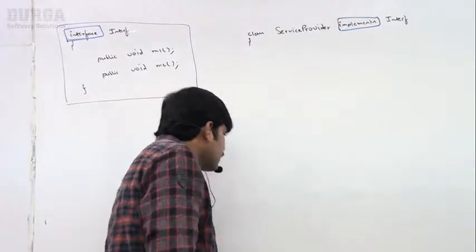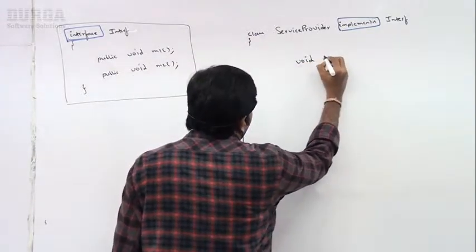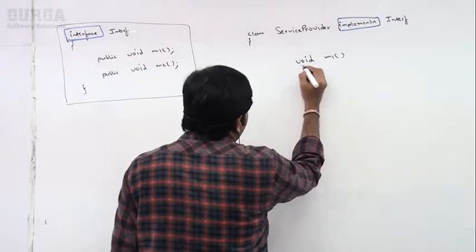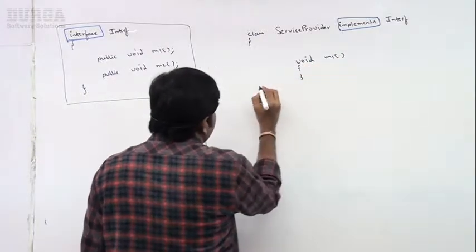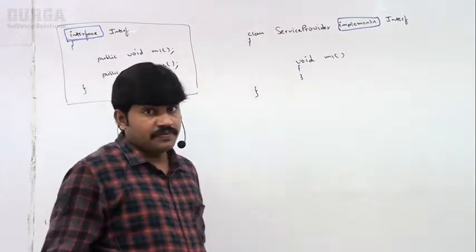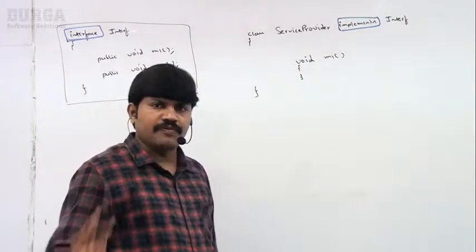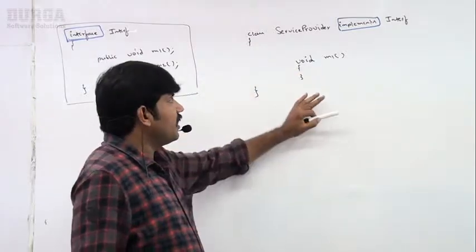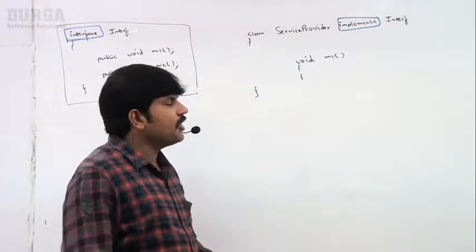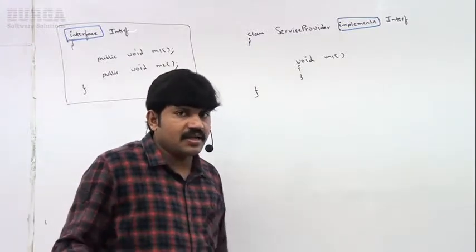Next, I'm taking void M1, like this, sir. That's all. Think very carefully. Now he is telling that he is also going to provide implementation for the requirement. He provided it like this. Can you please tell, is it a valid implementation or an invalid implementation?